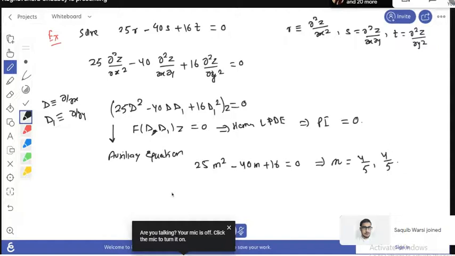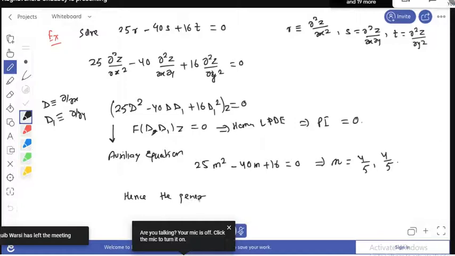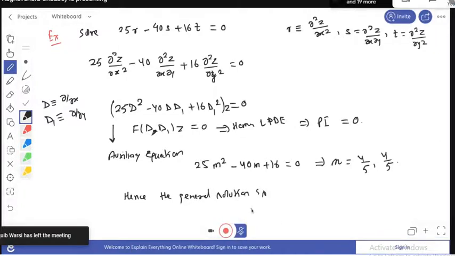So what is the general solution? You know that z equals the complementary function.